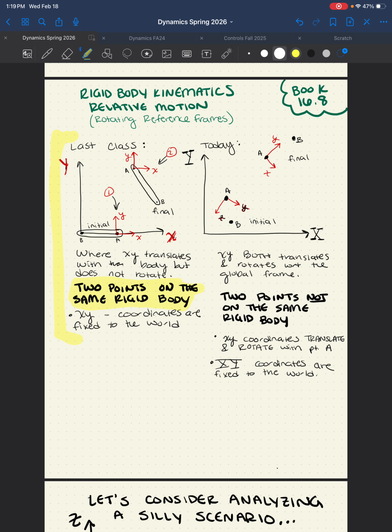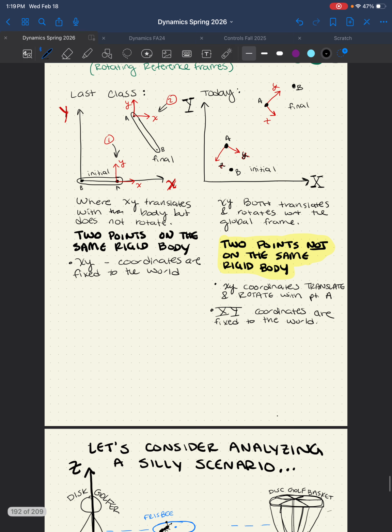Now today, we are learning a little bit more complicated process where we're going to relate the movement of 2 points that are not on the same rigid body, but their movements are somewhat related to each other. So they're not necessarily on the same rigid body, but they are related in some way. And it'll become more obvious when we look at some examples.